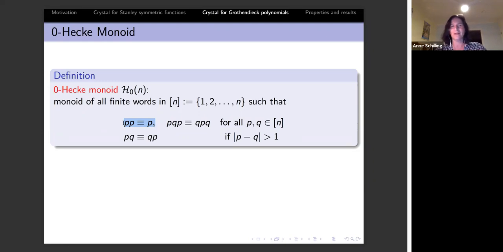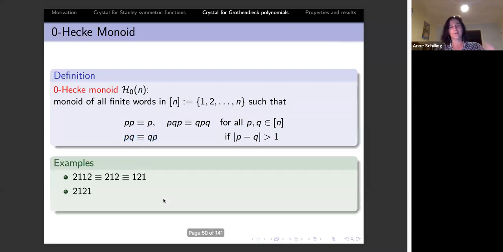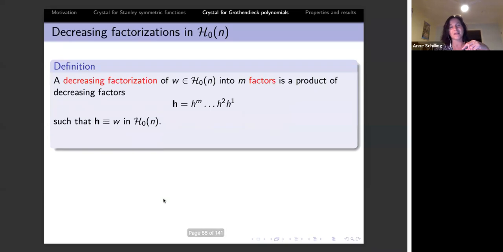But in this case, now I'm not writing simple transposition, I just index everything by a number, so P squared is equal to P. It's an idempotent. Other than that, you have the braid relations, and the commutation relations when things are far apart. I already went over the examples last time.